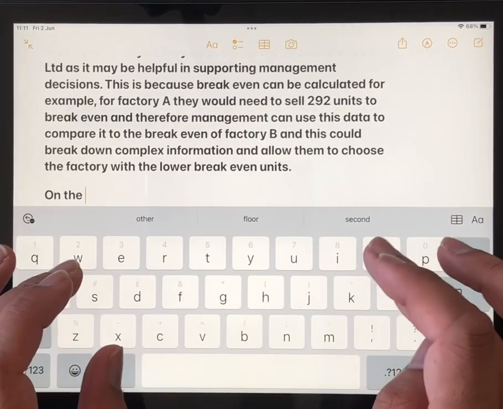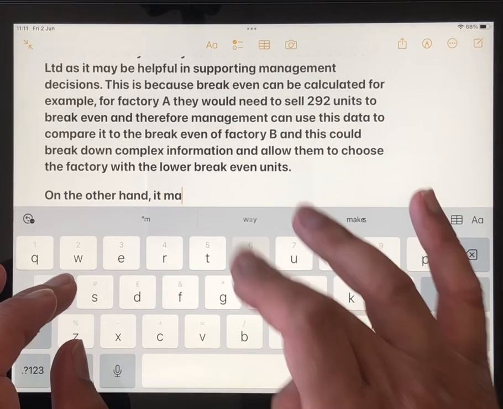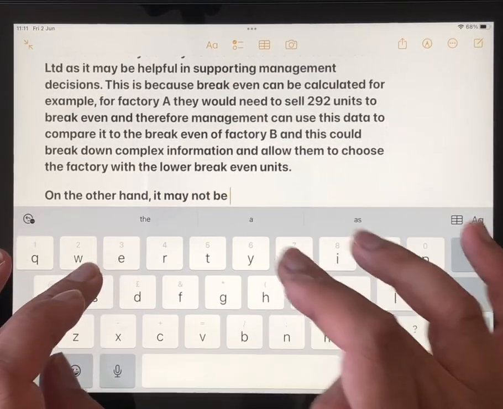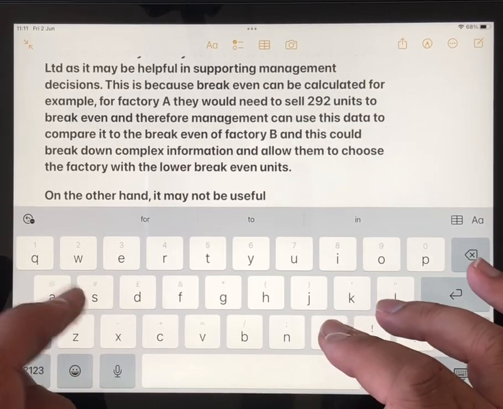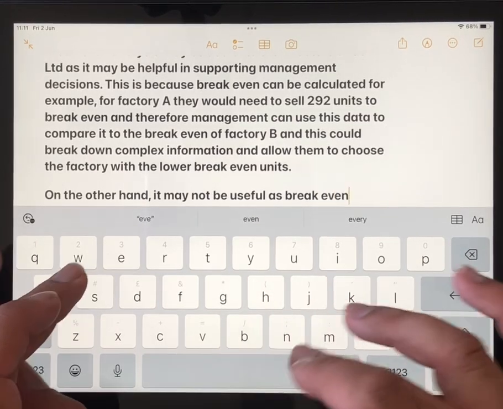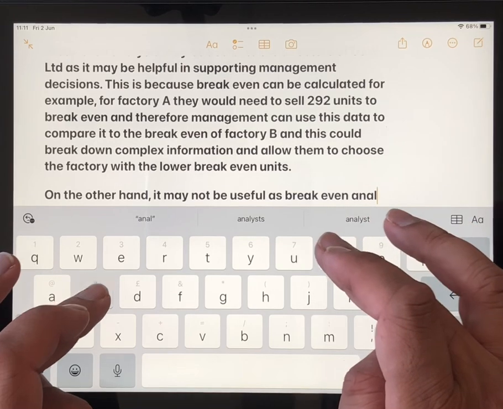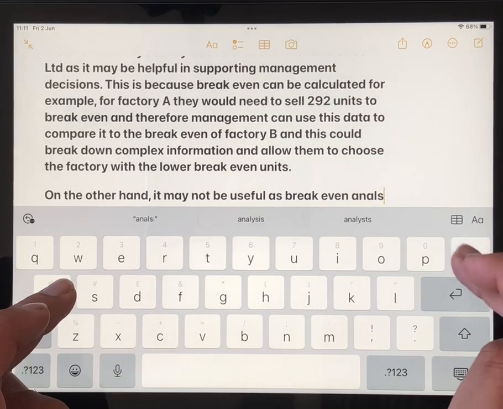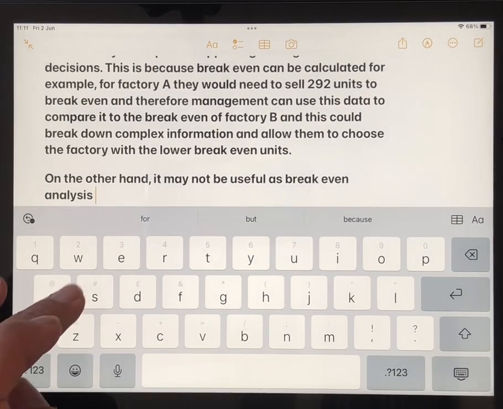On the other hand, it may not be useful, okay, as break-even analysis assumes.